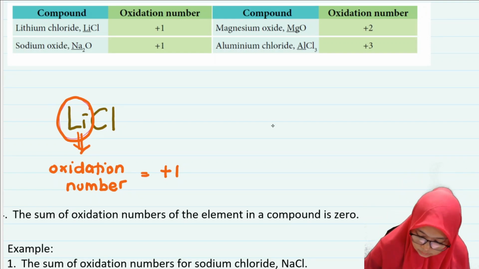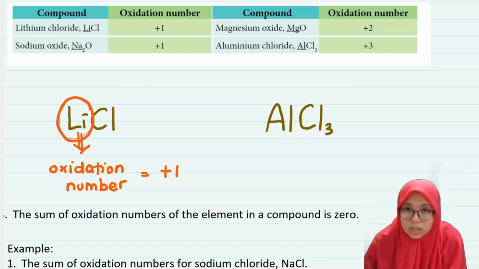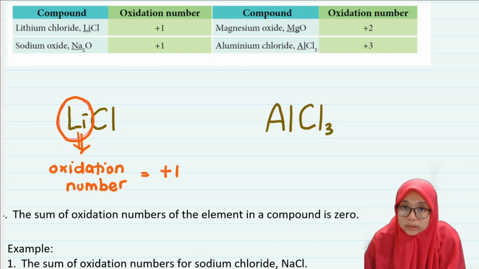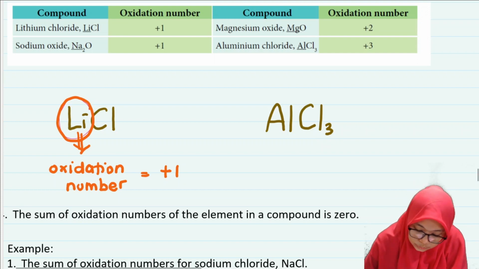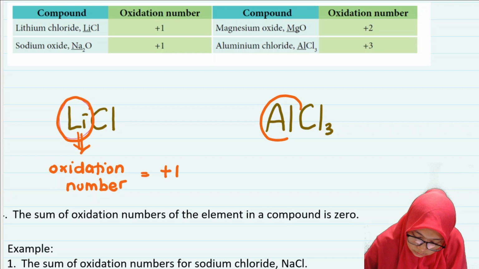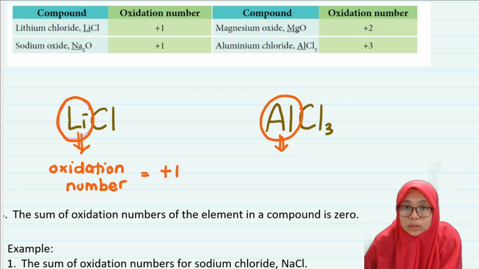Aluminium chloride. Okay, aluminium is Al, Cl3. Why? Because aluminium is in group 13. So when aluminium is in group 13, it actually forms a positive 3 ion. So the oxidation number for aluminium here is according to the group.